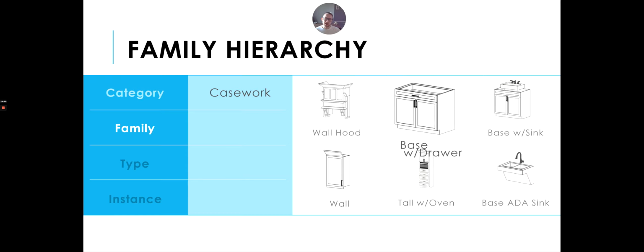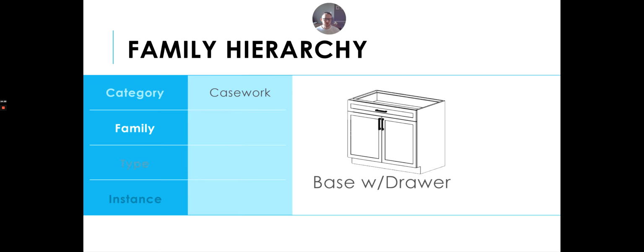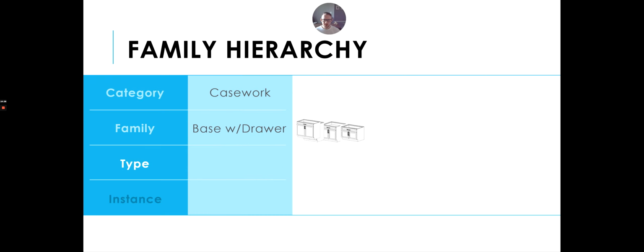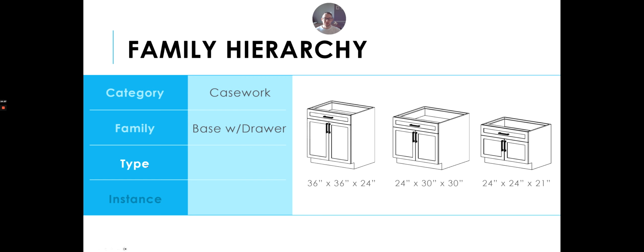So now let's just pick one of these families. Let's pick the base with a drawer. Now we talk about family types. This is all going to be the same geometry, right? These all have doors and a drawer, and they're all a base cabinet, but they're different sizes. So this is what we would call different types.